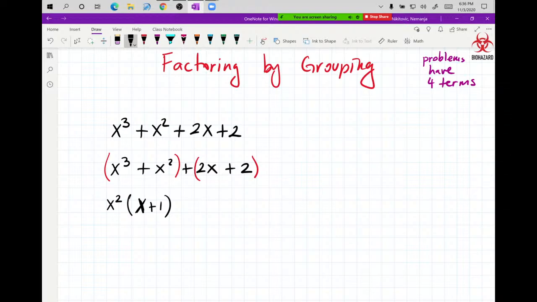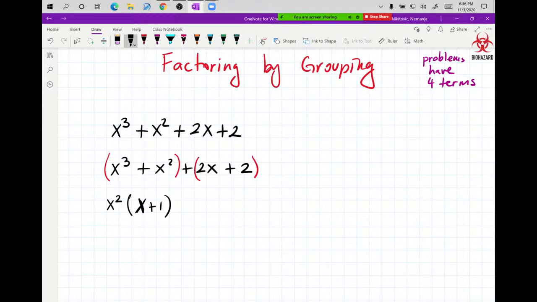If not, then we are moving on. Well, the x cubed has 3 x's in it, right? Okay, good.